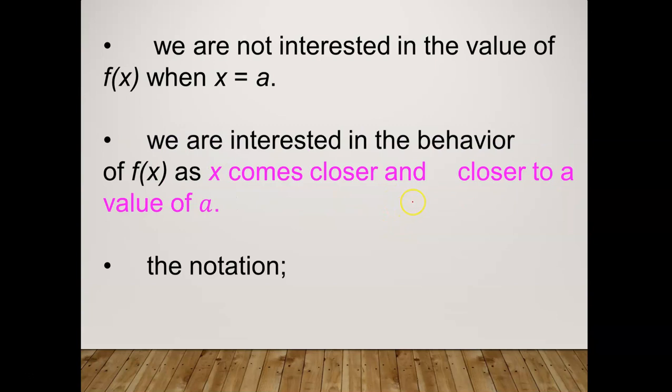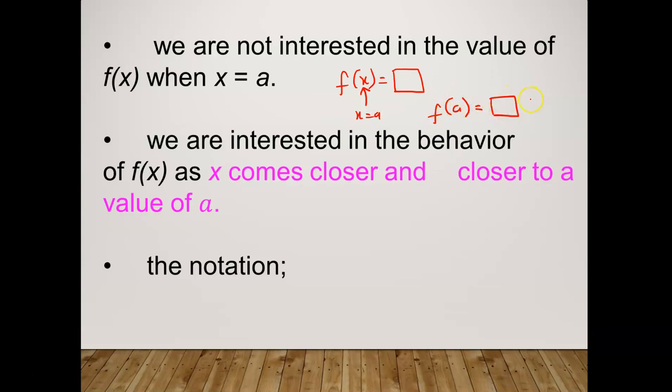Basically, we are not interested in the value of f(x) when x equals a. Usually you are given a function f(x), and whatever value of x we substitute inside f(x), we will get some value. But in this case we are not interested in finding f(a).